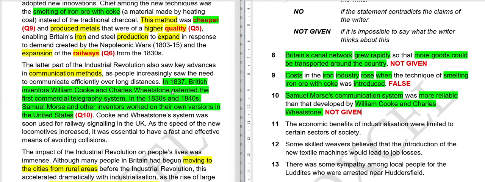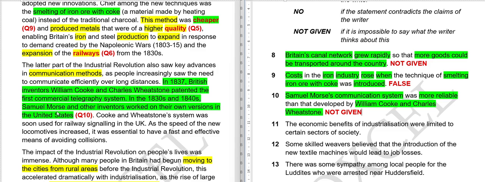They're saying in 1837, British inventors William and Charles patented their first commercial telegraphy system, and in the 30s and 40s, Samuel Morse and other inventors worked on their own versions in the United States. But they haven't compared whose system was better.